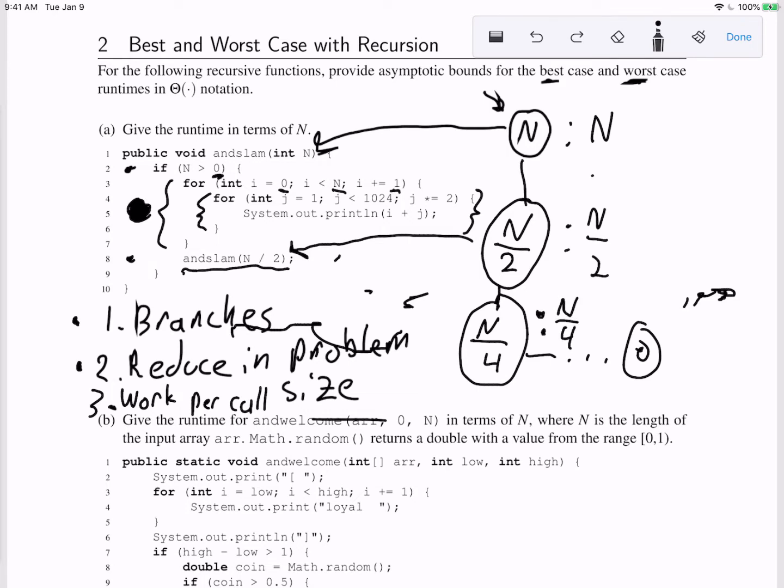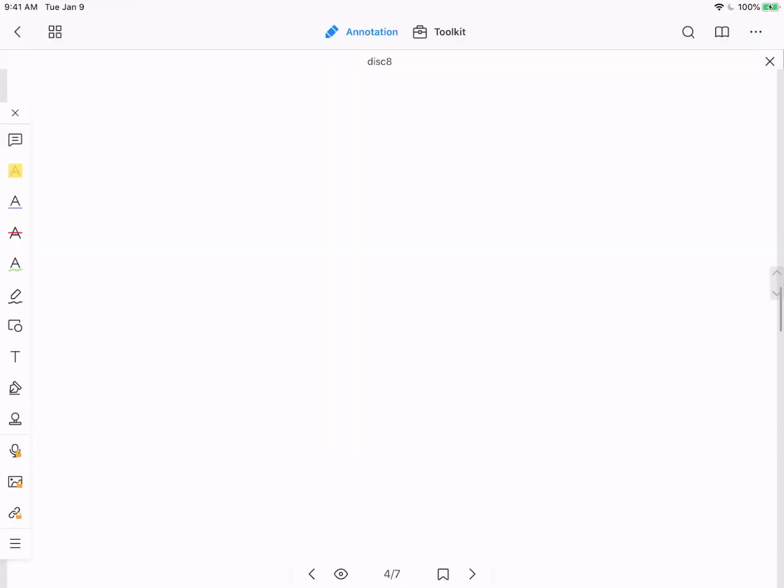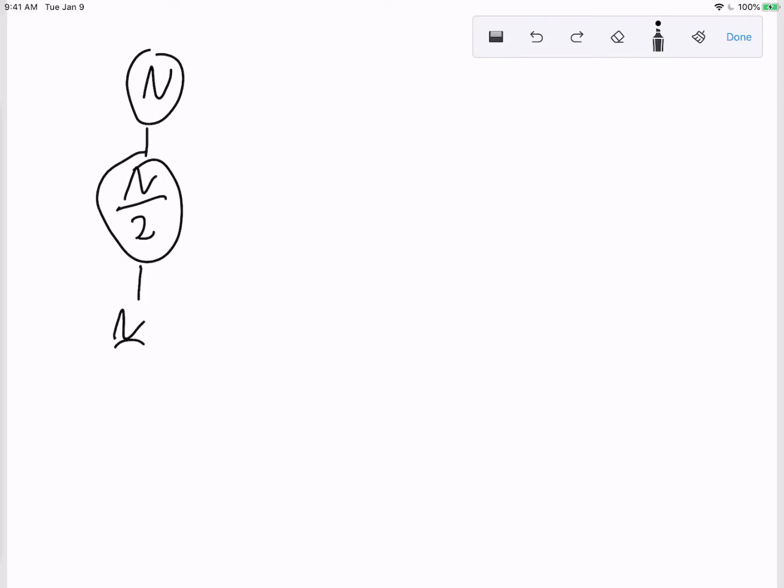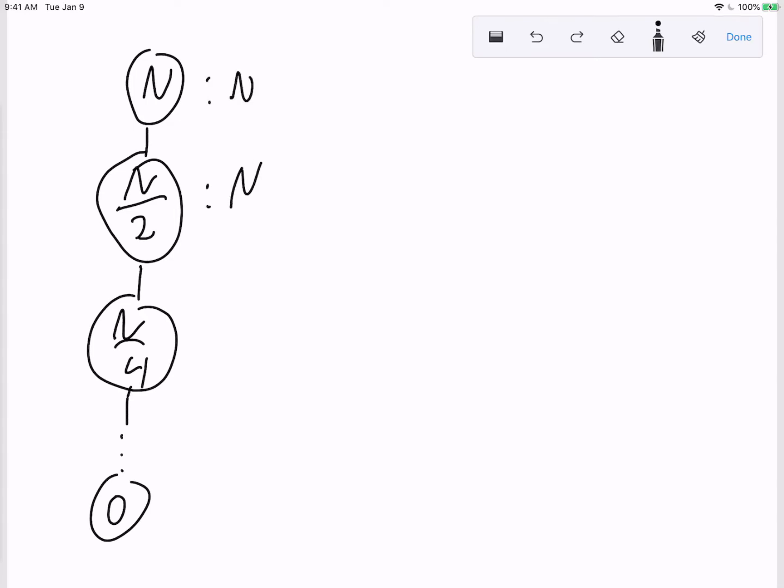And what do we do with all these? We're going to add all of them. So let me move down over here. Let's rewrite that tree. So n, n over 2, n over 4, and we're going to keep going until 0. Okay, we noted that this does n work, this does n over 2 work, this does n over 4 work, and we will keep going, and this bottom one will do 0.